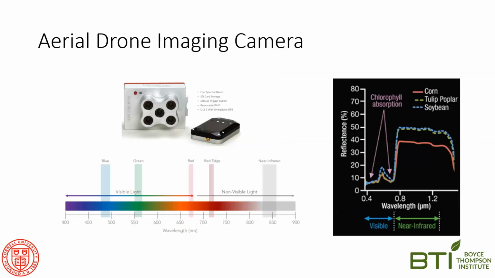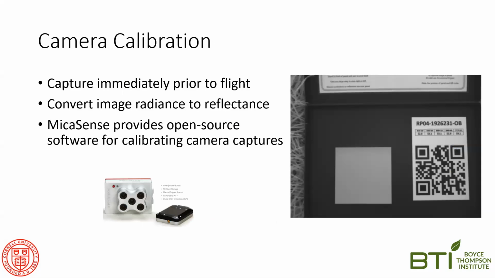We use this MicaSense 5-band camera, which captures in the blue, green, red, red edge, and near infrared. Immediately prior to flying, we photographed this calibration panel that comes with the camera, and this panel can be used to further calibrate the images that are captured during the flight.